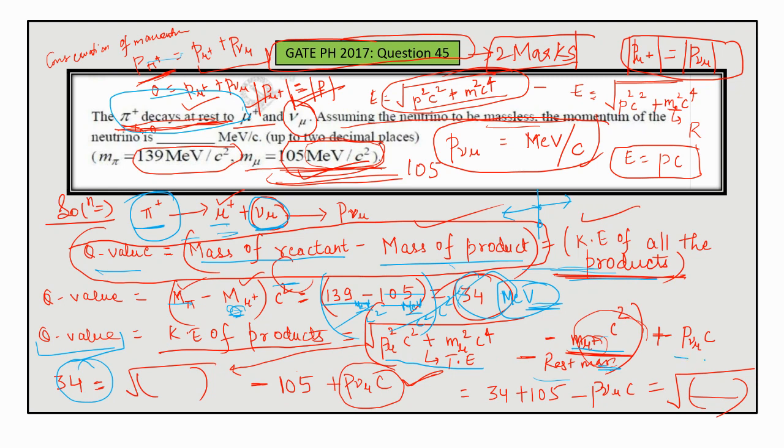And this is the kinetic energy of this neutrino. Kinetic energy of only products, yes, because on the left hand side, if you see, this is at rest. So obviously it will have zero kinetic energy.